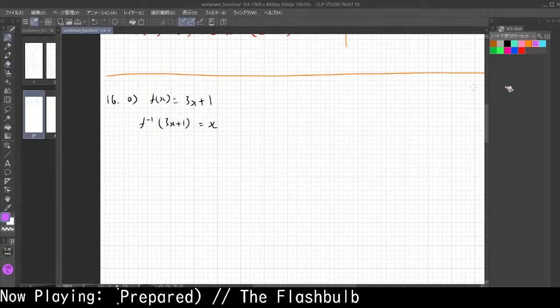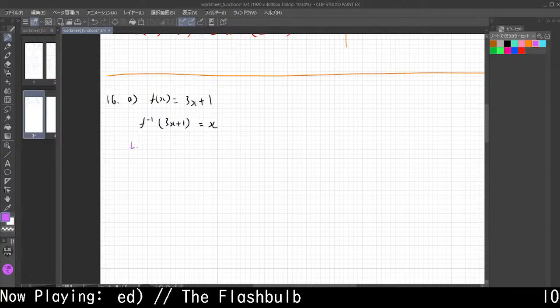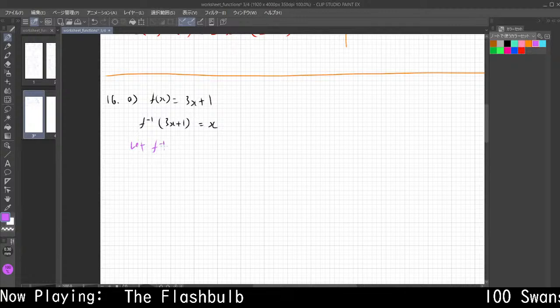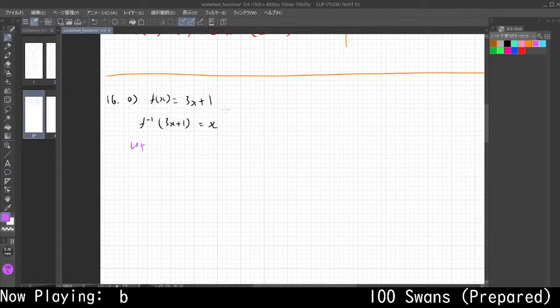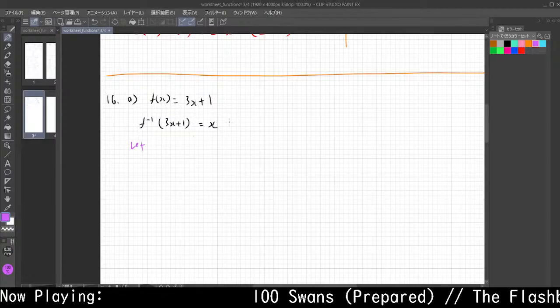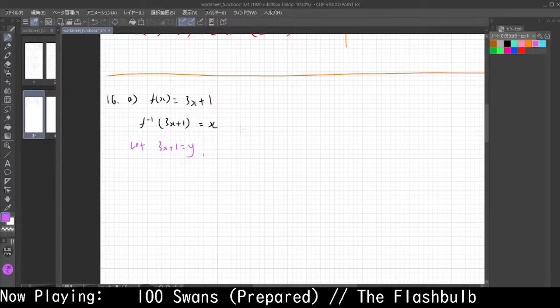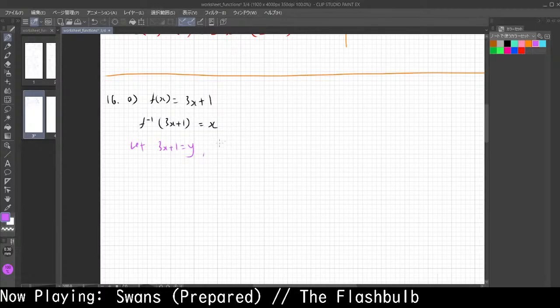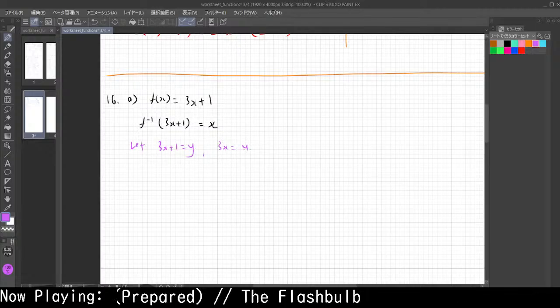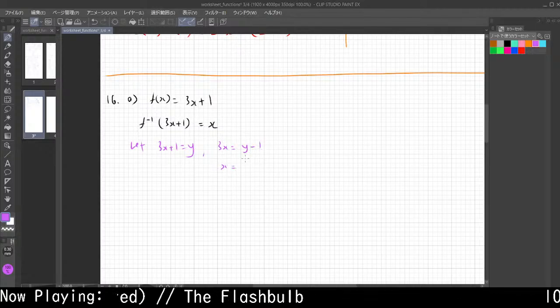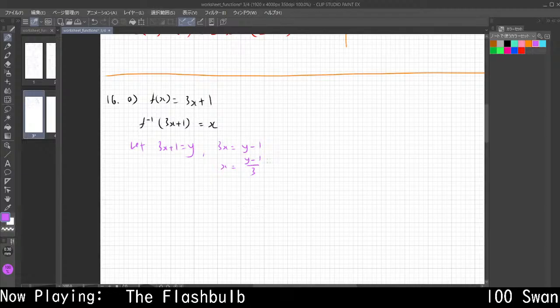If f(x) equals 3x plus 1, then I can swap places and change my f into -1, so I get f inverse. Let this be equal to y, then rearrange: 3x equals y minus 1, x equals y minus 1 over 3.